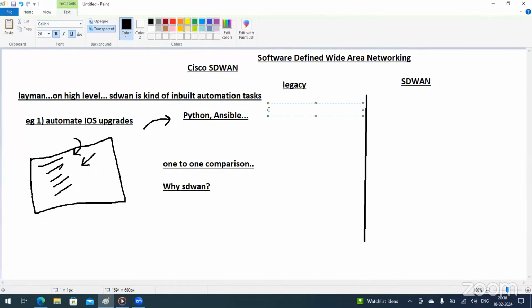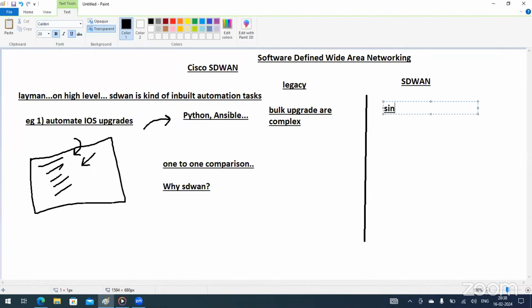In legacy, it is complex to upgrade multiple devices and to download images onto multiple devices. Bulk upgrades are complex, right? Here on the SD-WAN side, it's very straightforward.